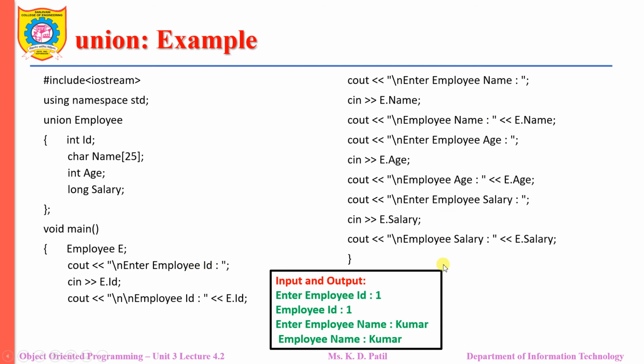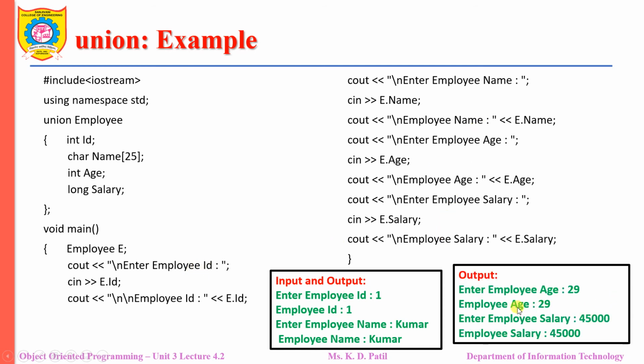In the same way, when I enter the age and display that age, at that moment the employee name will be replaced by the employee age, and then the employee age will be replaced by the salary. So this proves that union members share the same memory location, and if you display the output immediately, you will get the correct output.